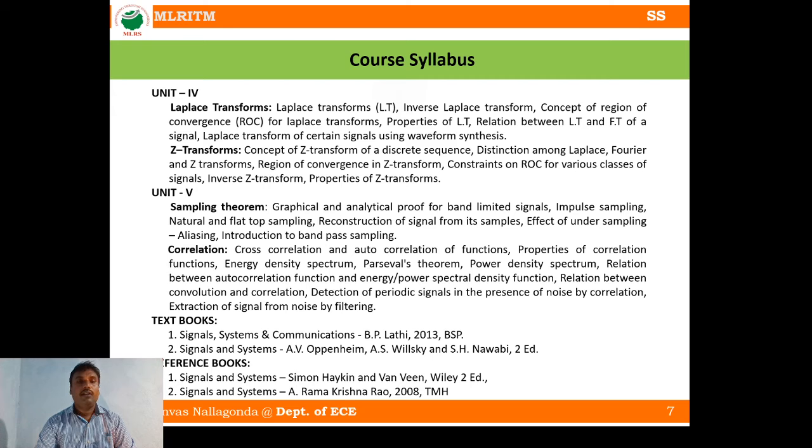Here we study different types of sampling theorems and how to reconstruct a signal after sampling. And the correlation: how to find the properties of the correlation function, how to calculate energy density, how to calculate power spectral density, what is meant by the autocorrelation function, and how to detect a periodic signal in presence of noise. These things will be studied in unit 5.